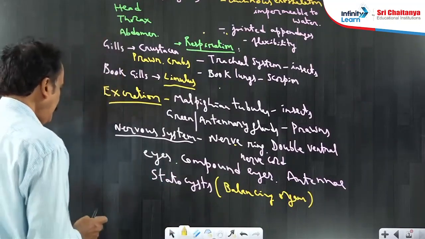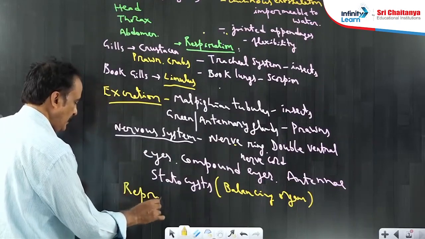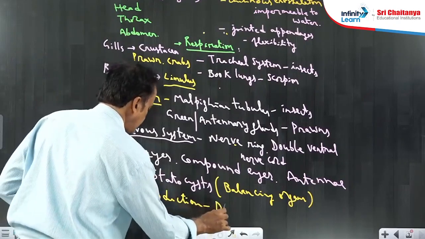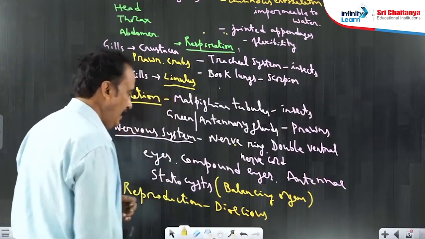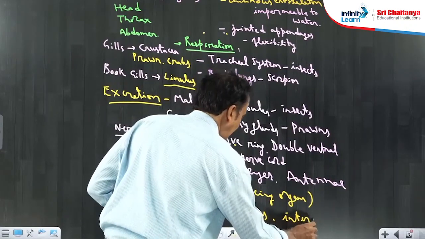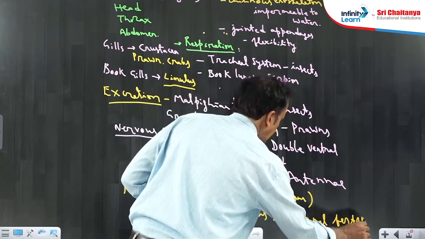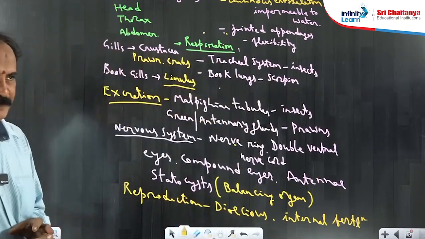And in the reproductive system, animals are dioecious or unisexual. Fertilization is mostly internal, and development includes both direct as well as indirect development, both are seen.